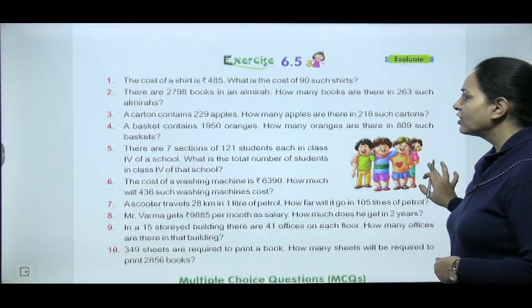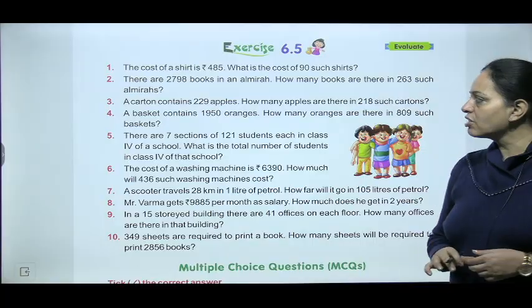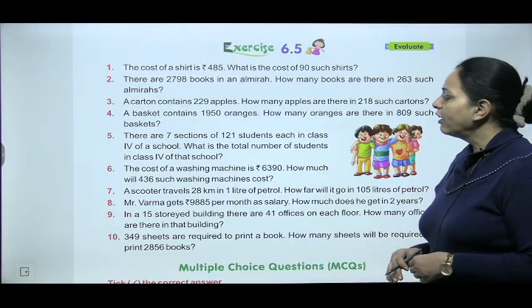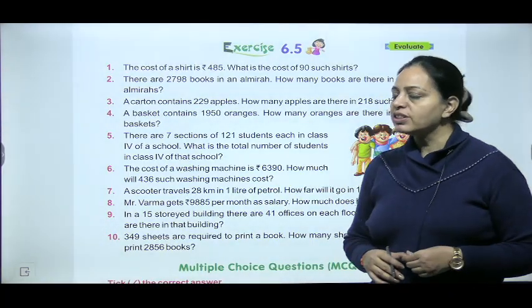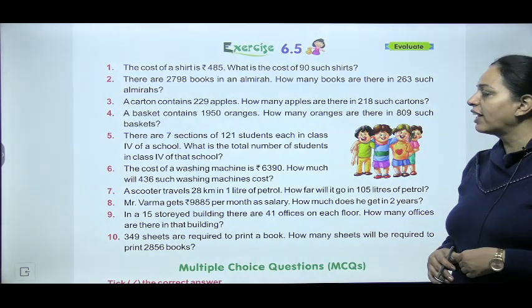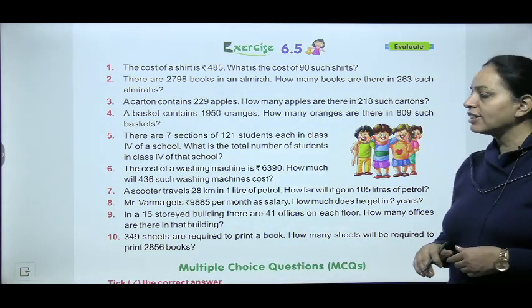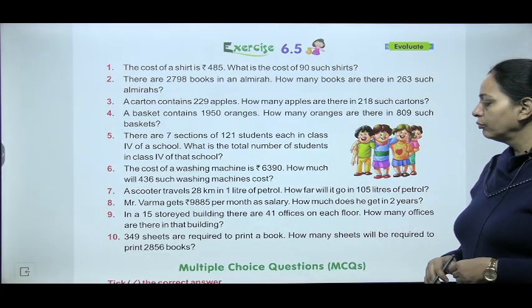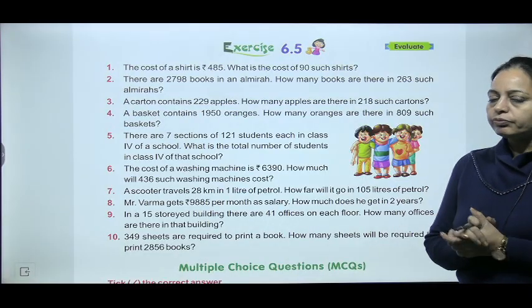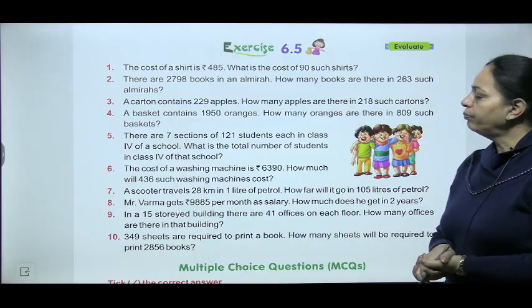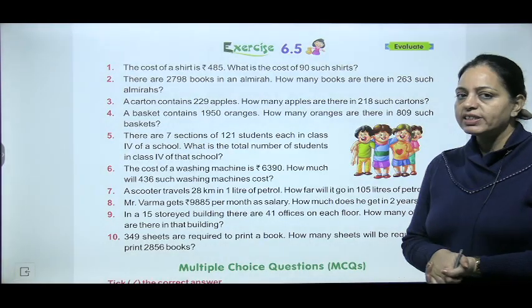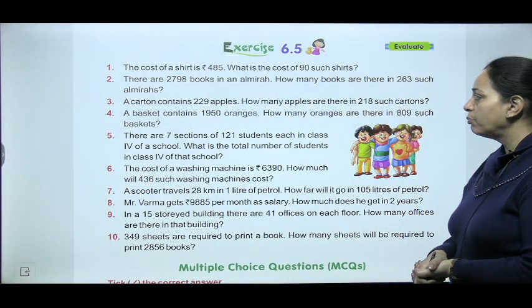So now exercise 6.5 is based on such types of examples, like here the second one. There are 2798 books in an almirah.